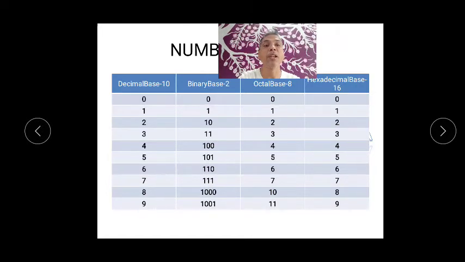Now I think I also taught you how to change decimal to octal, so you can check it that way also. Just divide it by 8. This is 9, this is 11 in octal, and hexadecimal and decimal will be the same.